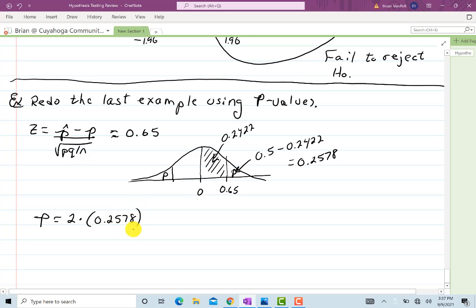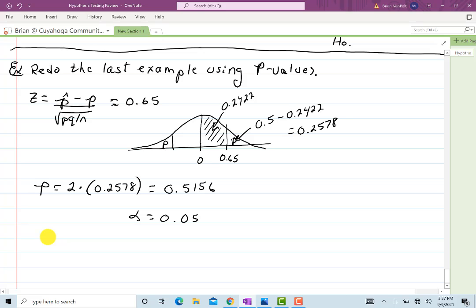Now, if I do that, I get 0.5156. Now I don't have to do alpha over 2. Our alpha was equal to 0.1. So with that, at least I believe, no, the alpha was 0.05. Let me fix that, 0.05. It's clear that p is way bigger than alpha. So this means we fail to reject H naught.